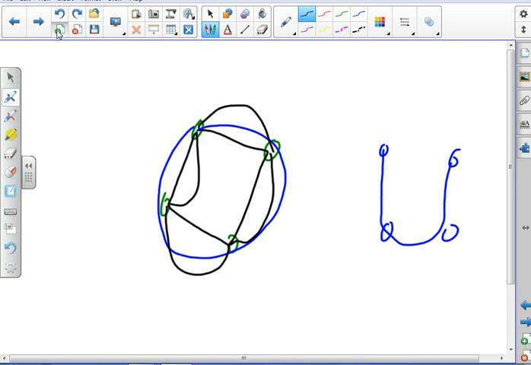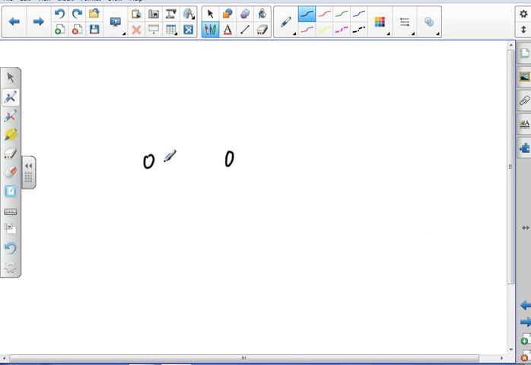That'd be a complete graph. That'd be a complete graph, so long as they're all connected.